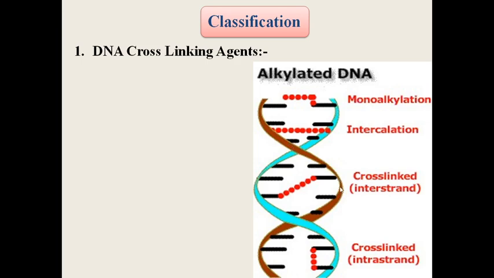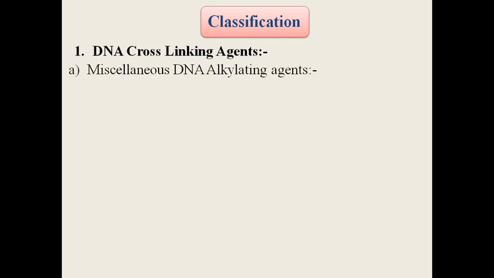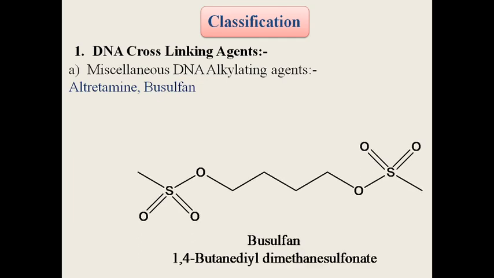And this will be called interstrand because the alkylation is going on in between the strands of two DNA strands. So let's start. First is miscellaneous DNA alkylating agents. Here we have busulfan. This is the busulfan structure. From its name you can assume that Bu must mean butyl and sulfan means sulfonate. It is 1,4 at position number 1 and position number 4, there it is butane.